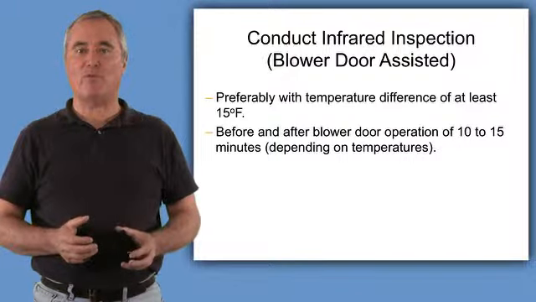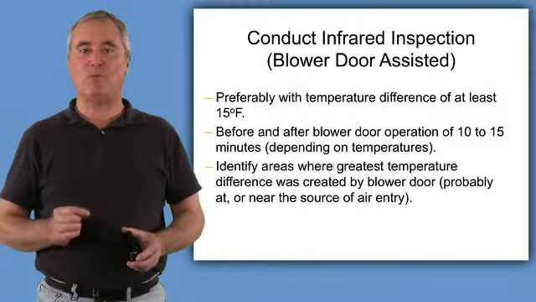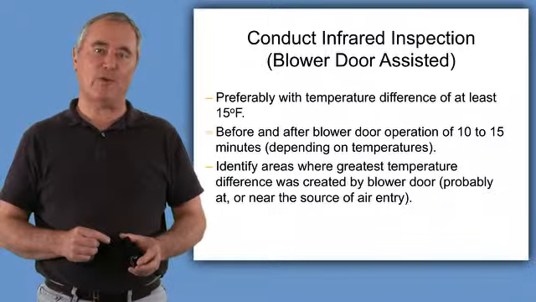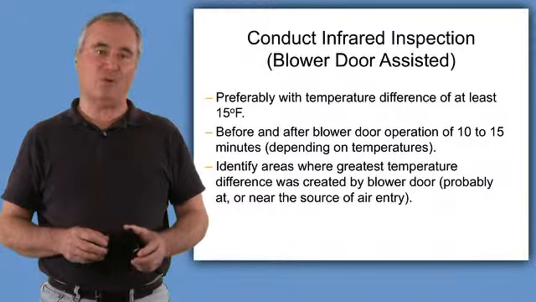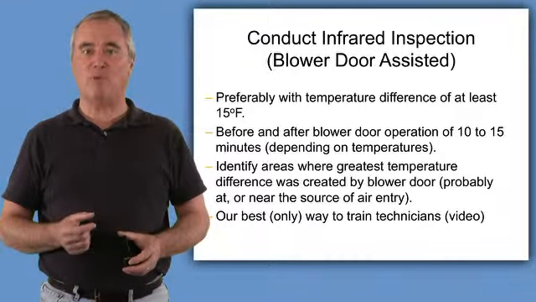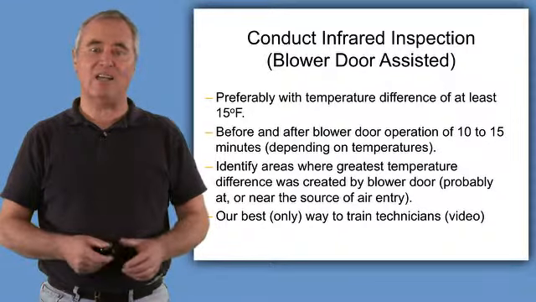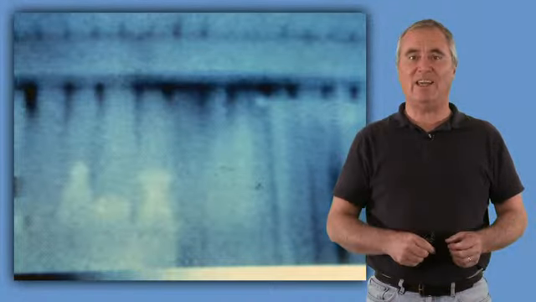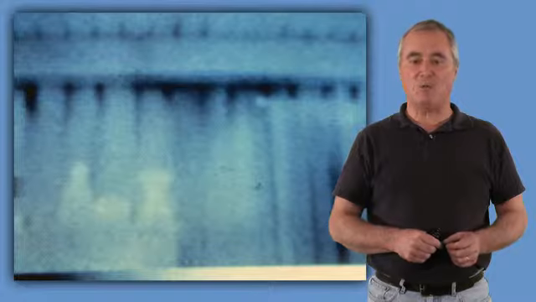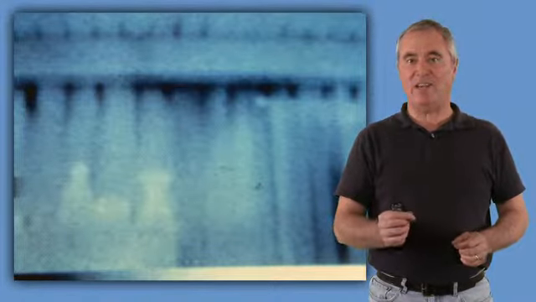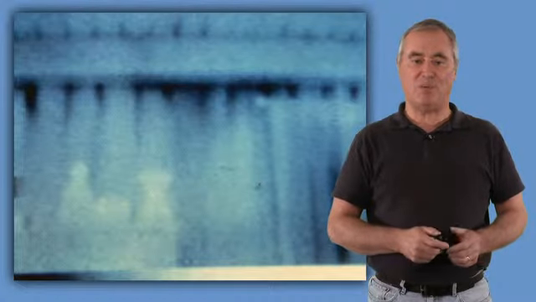Once we run the blower door for 15 minutes, we're able to see the air leaks even if they're inside a wall with our infrared camera. So we get to see two things simultaneously, where the insulation isn't performing, but also where air is leaking into the house. So this is an example of, in the winter, cold air leaking down into an interior partition wall. And we can see all the cold streaks in between the boarded interior partition wall.